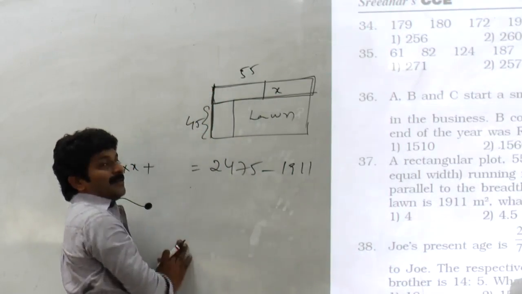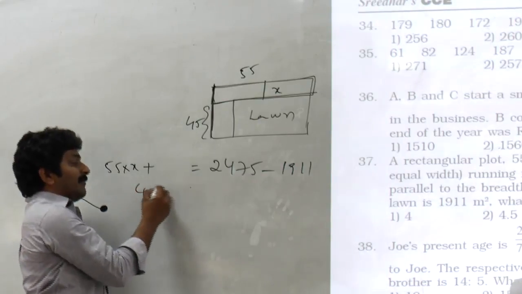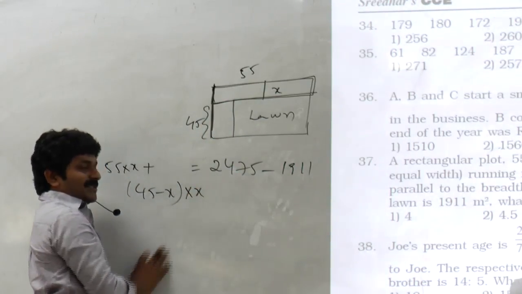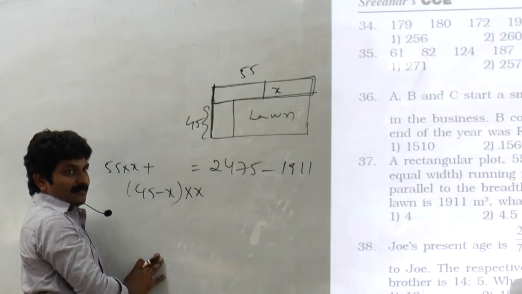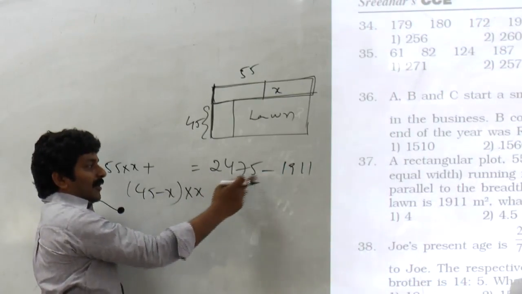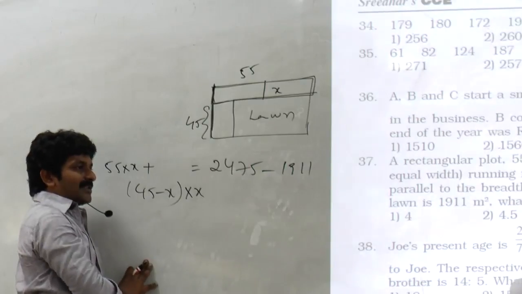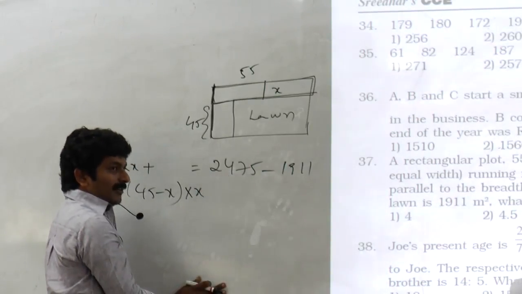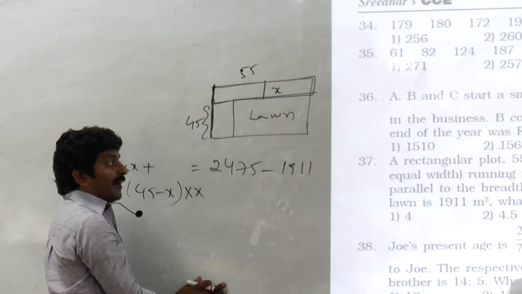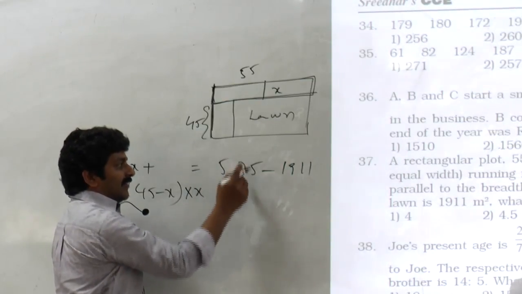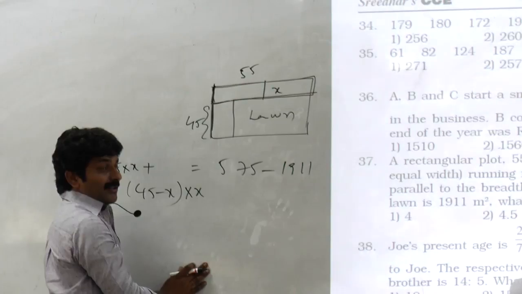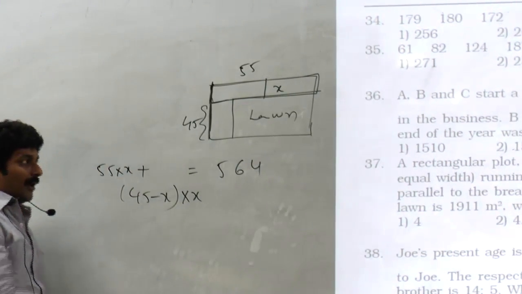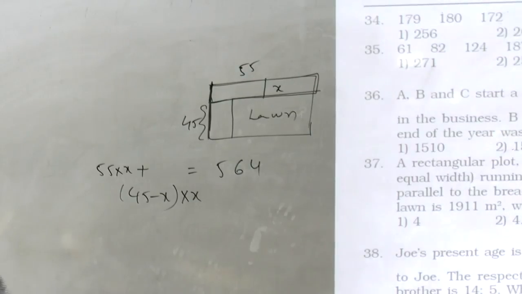So remaining part becomes 45 minus x into x. That should be equal to 2475 minus 1911. What is the difference here? 2400 minus 1900, 500. 75 minus 11, 64. This must be equal to 564. And now you need to identify the x value.